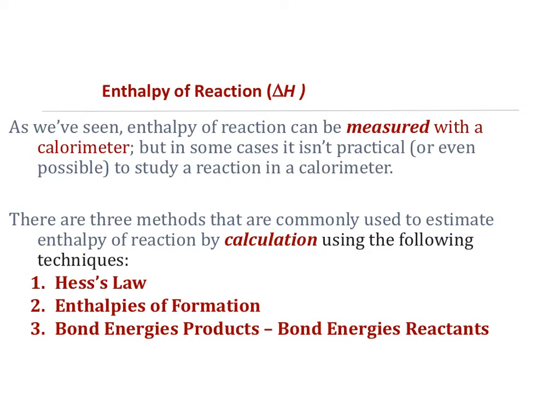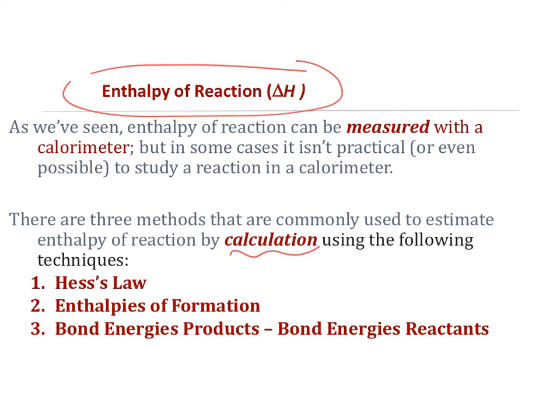All right, so I mentioned before that enthalpy of reaction can be measured with a calorimeter, and those are the problems we've done so far. But in some cases, it's impractical or even impossible to measure the enthalpy of a reaction. So in that case, there are various ways that we can estimate enthalpy of reaction by doing a calculation.